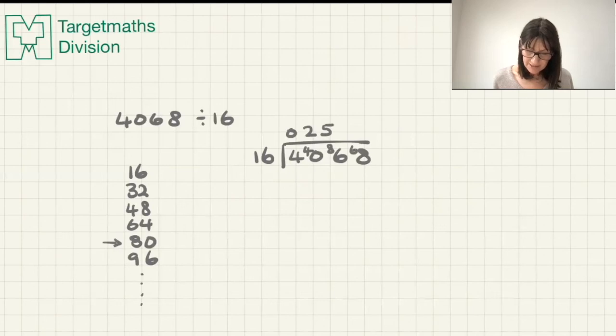All right, the next one is 68. 16s into 68 will go 4. I can see that 4 16s are 64, so I've got 4 left over. So I'll put my 4 down. Obviously it's floating. So here I add my 0, add my point. And now I'm doing 16 into 40, which we've actually just done. That's 2 with 8 left over. Put down the 0. And then 16s into 80, go 5 exactly.